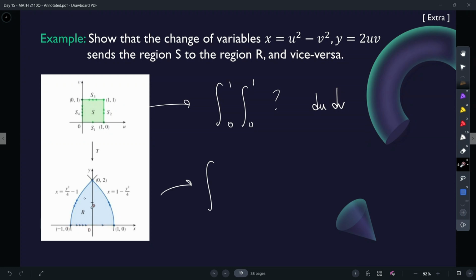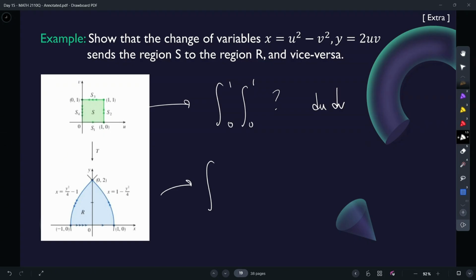If I run in x, then I have to explain what functions are bounding y, and the definition is going to change over here. So for negative x, it's going to be one definition. For positive x, it's going to be a different definition. So I want to go in y, and then you see that the bounds of x are the same throughout.